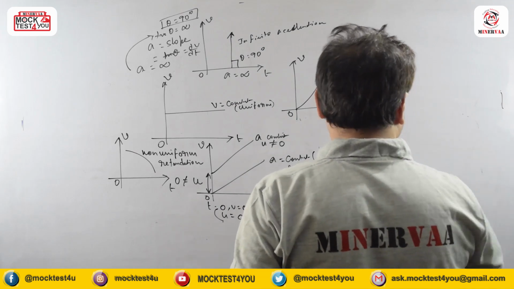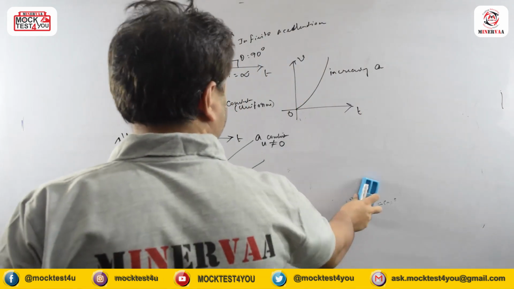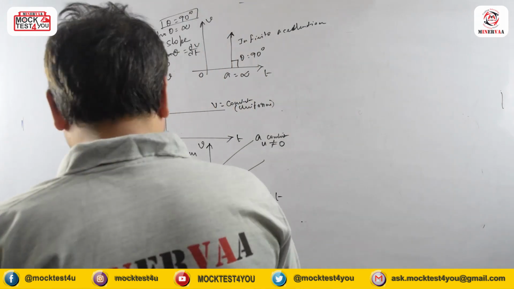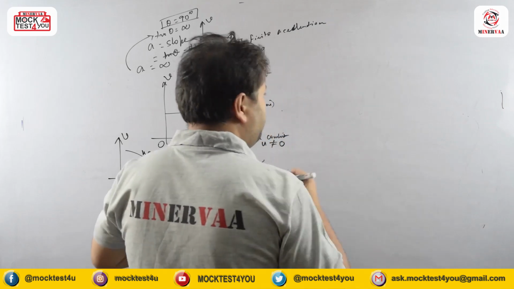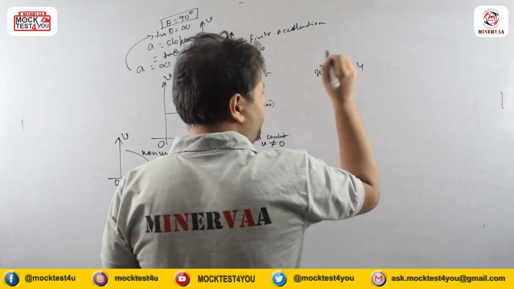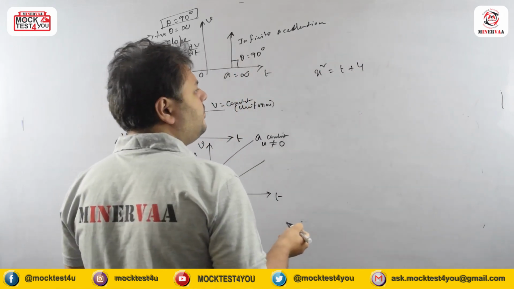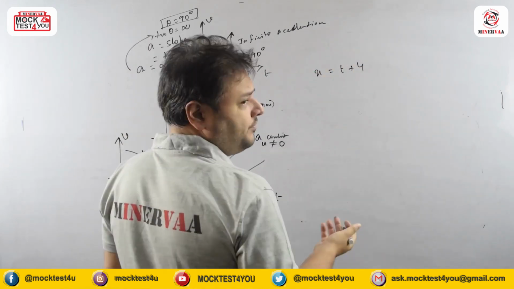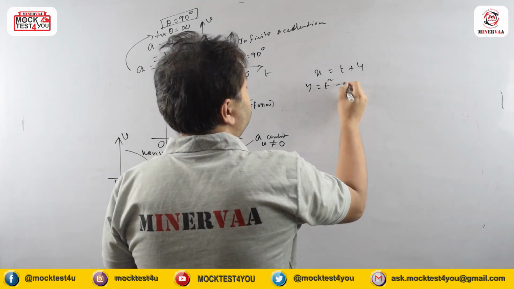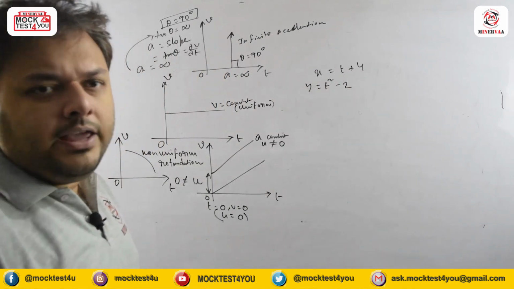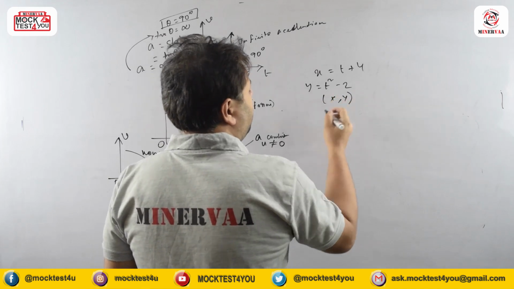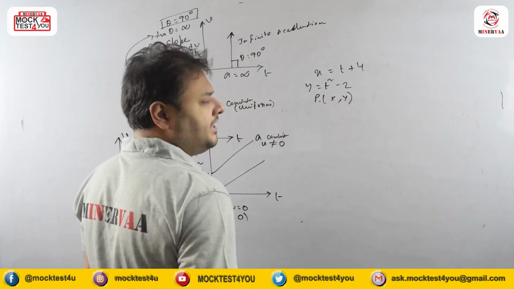Now from here, suppose they are asking us about the locus of a moving particle, which is very, very important for everyone. Suppose it is given that x equals t plus 4, and y equals t square minus 2, if x and y are coordinates of a point on the xy plane.